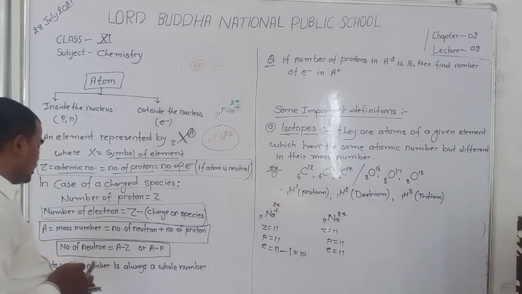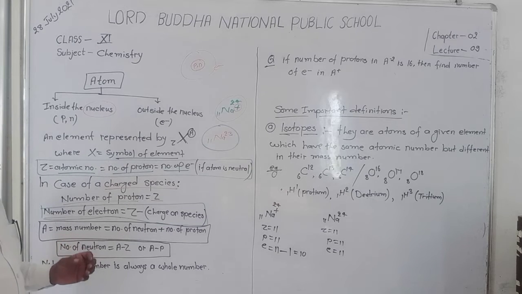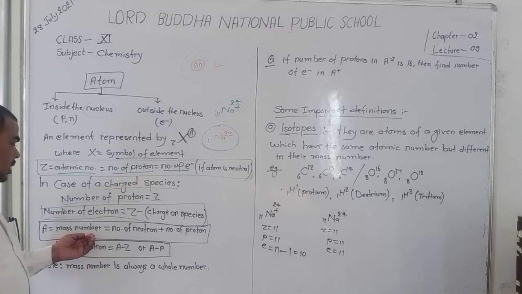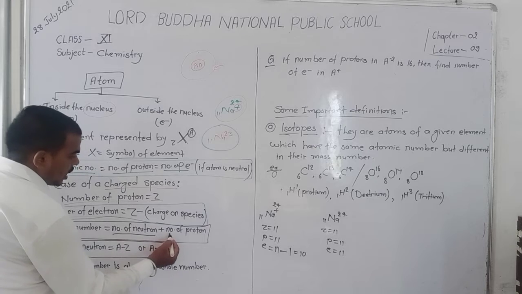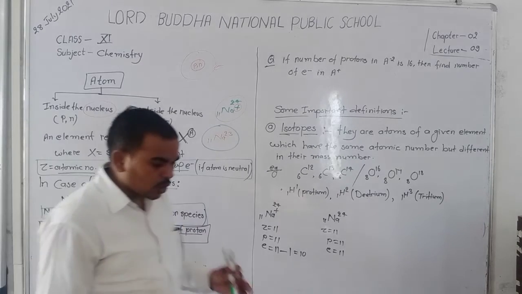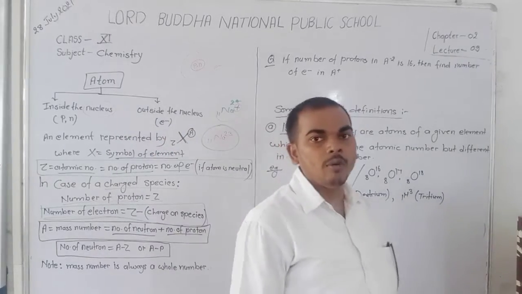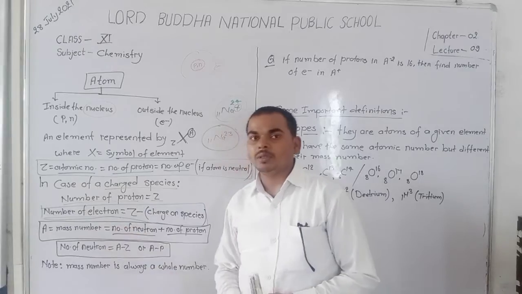Now we discuss another symbol, that is A. Here A represents the mass number. Dear student, the mass number is calculated as the number of neutrons plus the number of protons. The sum of protons and neutrons is known as the mass number.